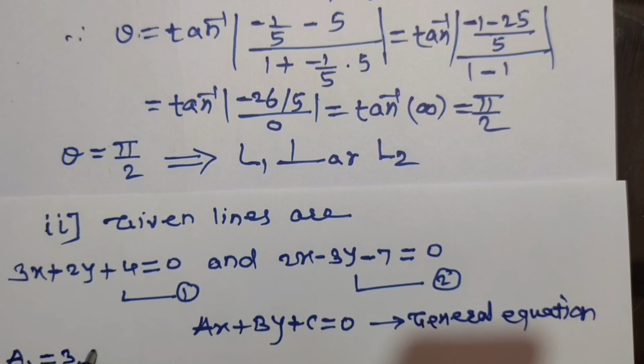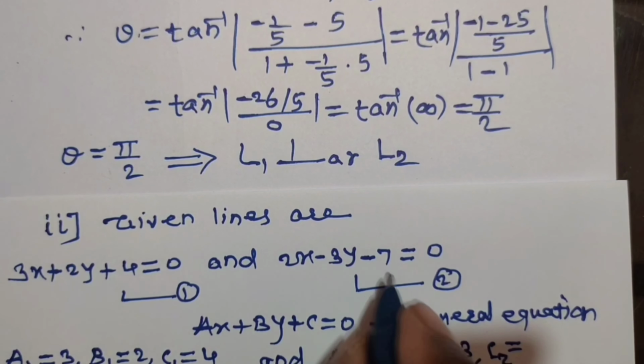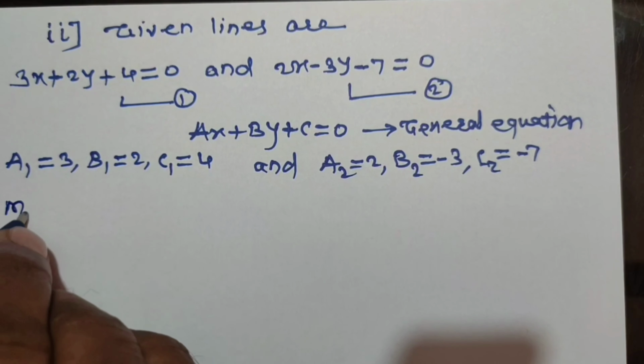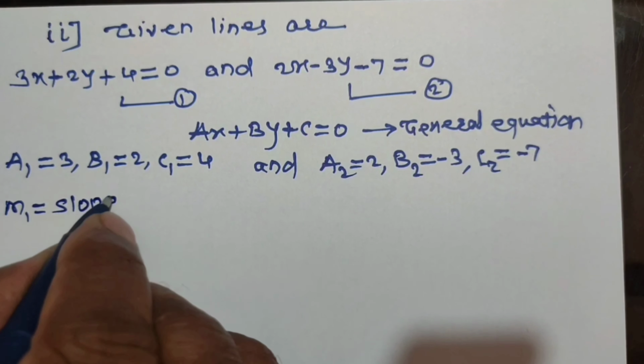Comparing equation 1 with general equation, coefficient of x in equation 1 is a1, which is equal to 3, and coefficient of y is b1, which is equal to 2, and constant term c1 is 4. And in equation number 2, coefficient of x is a2, which is equal to 2, coefficient of y is b2, which is equal to minus 3, and constant term is minus 7.